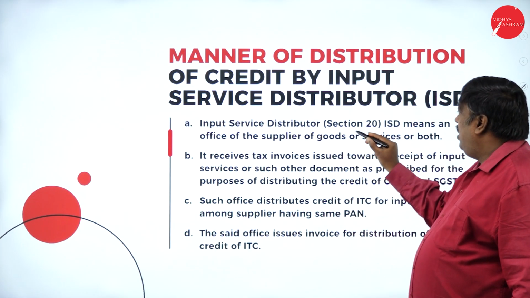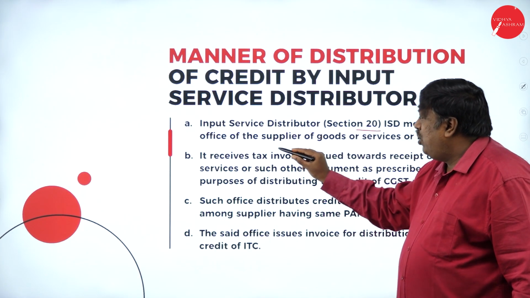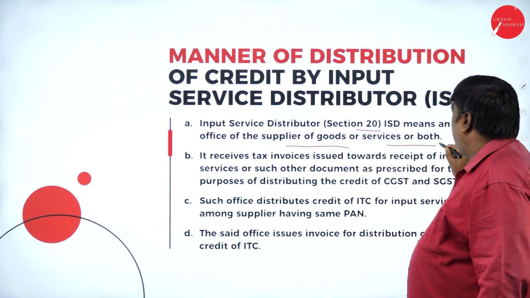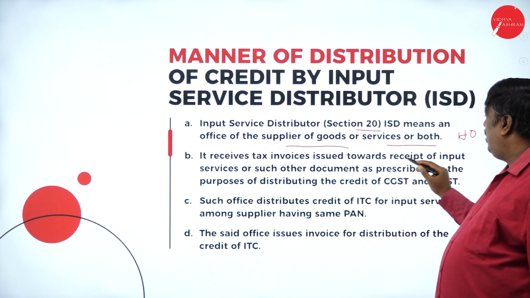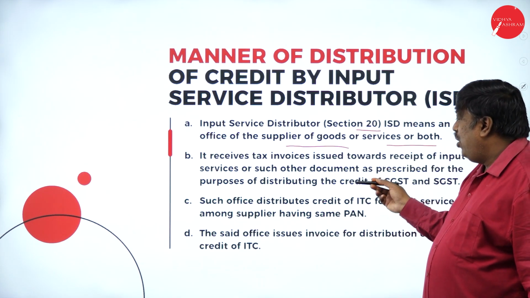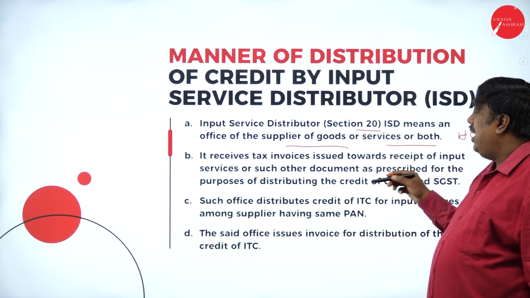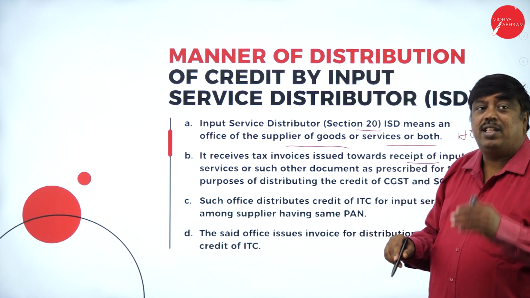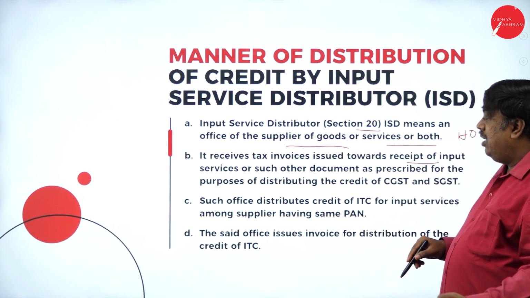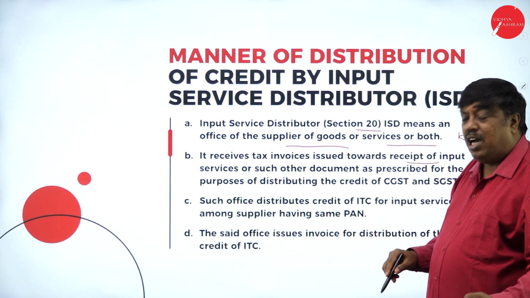Input service distributor under section 20 means office of the supplier of goods or service or both. That is nothing but head office. It receives tax invoice issued towards receipt of input service. Head office is going to get the invoices issued towards the receipt of input, whatever purchase we are making and whatever amount we paid to the government.